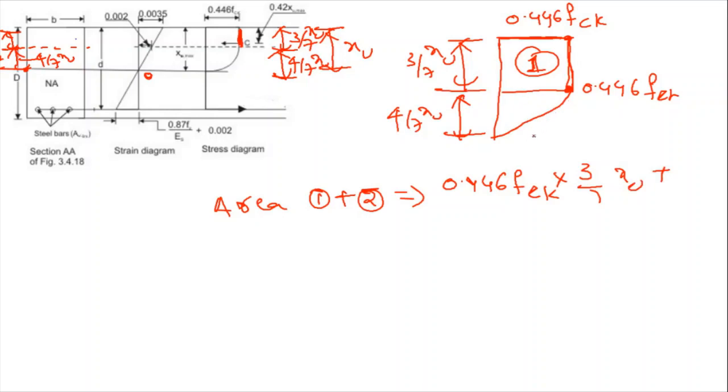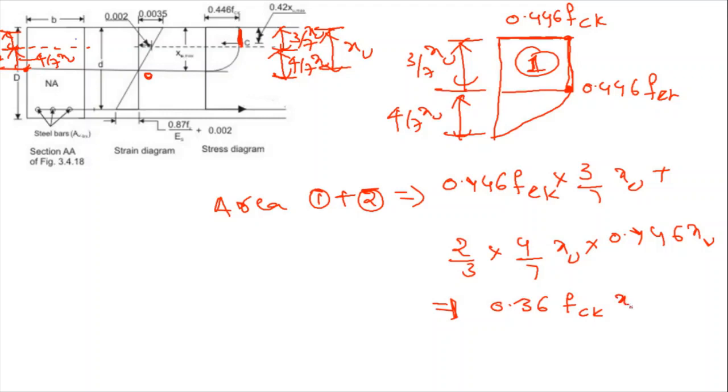This is a second degree parabola, so area will be 2/3 into AB. That means 2/3 into 4 by 7 XU into 0.446 FCK.